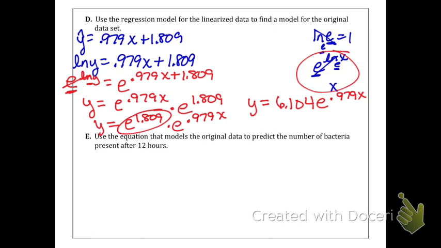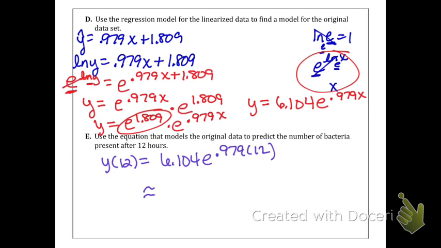E says, use the equation that models the original data to predict the number of bacteria present after 12 hours. So we just want to plug 12 in for that. So I'm going to do y of 12. I'm plugging in 12: 6.104 e to the 0.979 times 12.